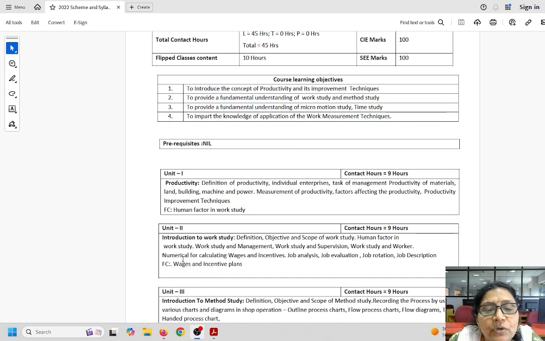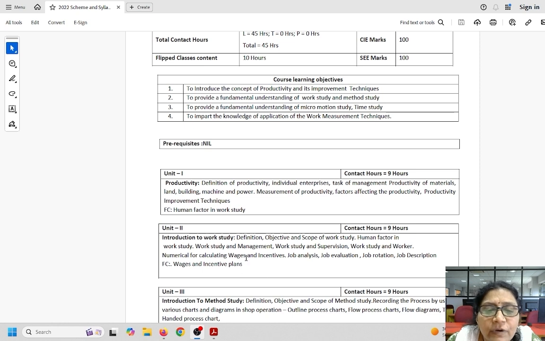In unit 2, you are going to learn work study. Work study is a tool, a technique which we are using to improve the productivity. That's why work study plays an important role in improving the productivity. Then we have to understand what is work study. In simple words, study of work. So what is study of work?